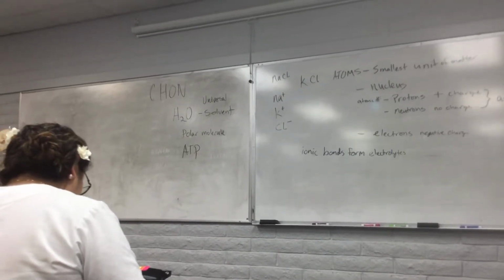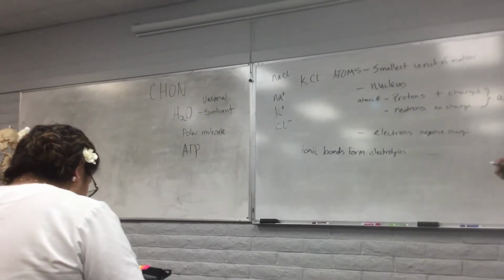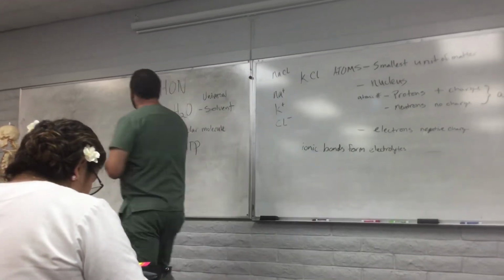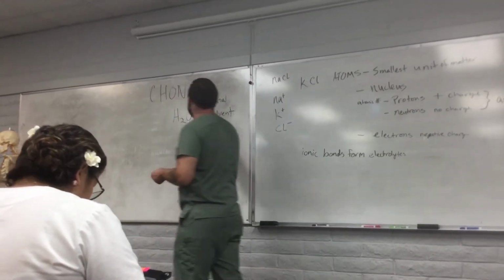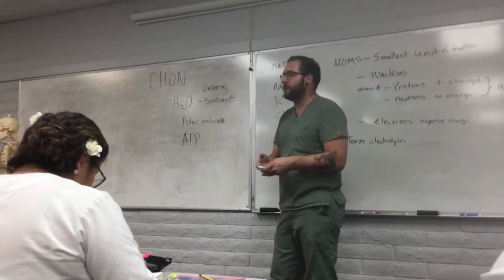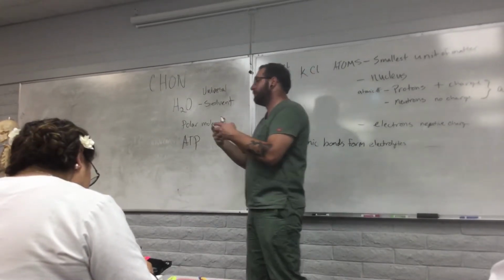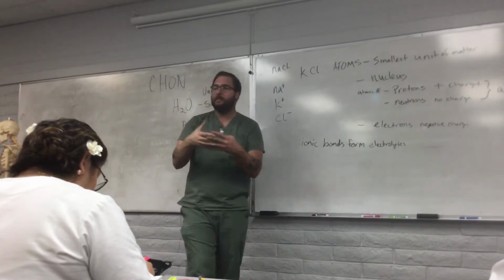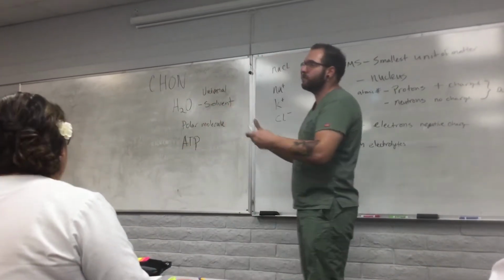Water dissolves everything. That's why it's called the universal solvent. It makes an aqueous solution so that things can be moved around easily. Things can become other compounds in water because they're dissolved in it.